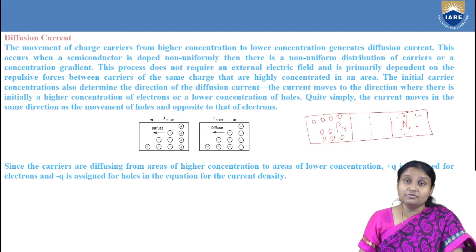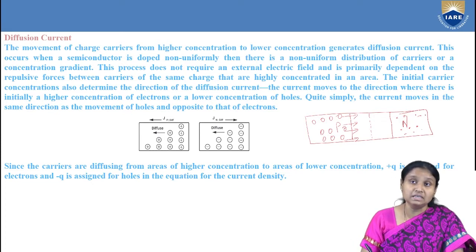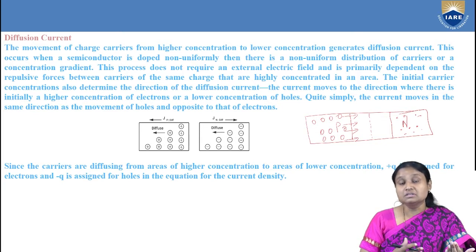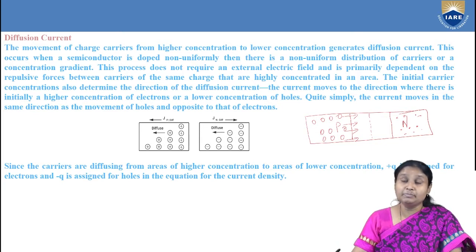It is the flow of charge carriers from higher concentration to lower concentration. Holes start moving from the P side and enter the N side; similarly, electrons from the N side flow towards the P side. This migration of majority charge carriers from higher concentration to lower concentration is called diffusion.